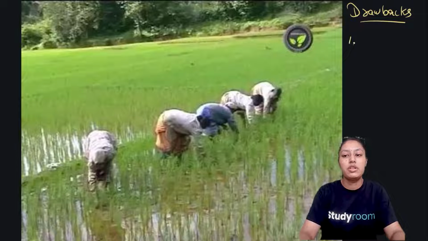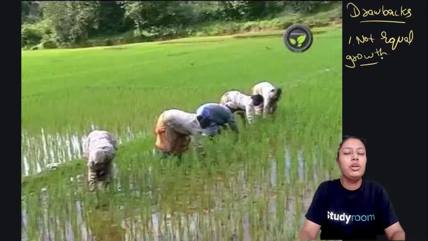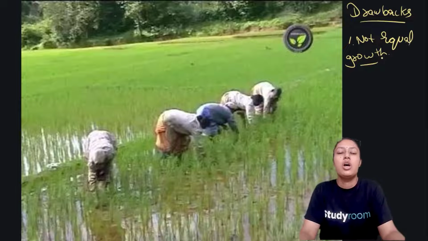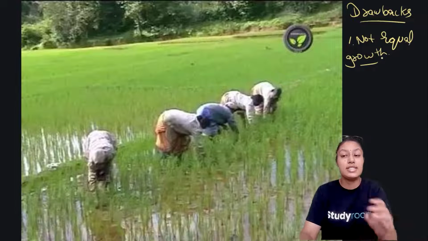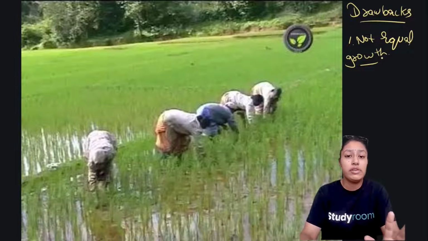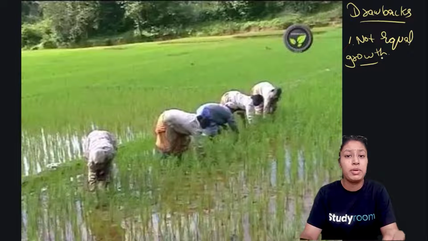Firstly, it was not equal growth. The green revolution affected just very few states. It was not that the green revolution was as successful as it was in Punjab in all other states.